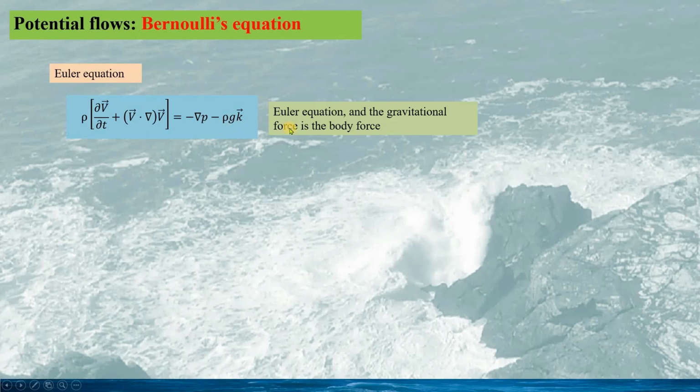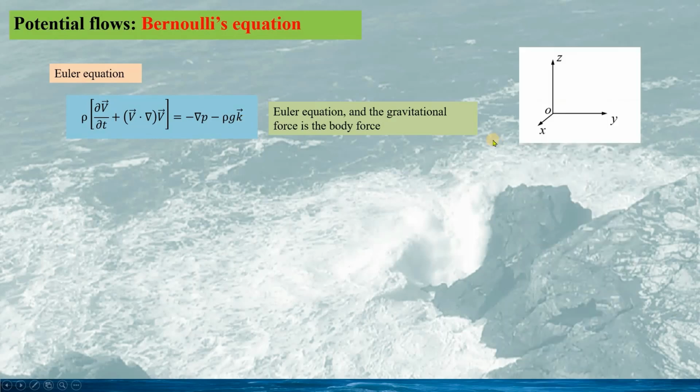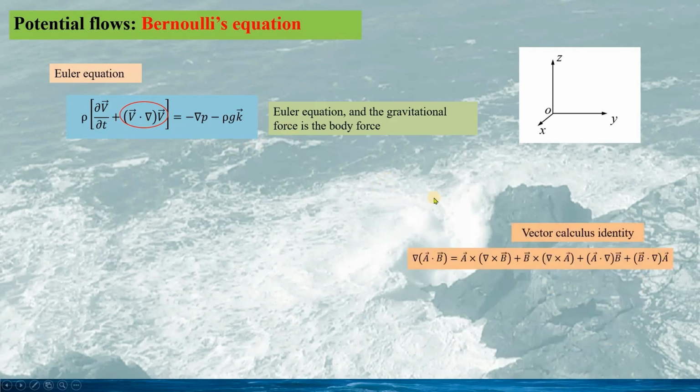Here, the fluid body force is given by rho g times vector k. Here, we choose the coordinates with positive z pointing up. The difficulty in the Euler equation is the convective acceleration, but we can use the vector calculus identity given as this.